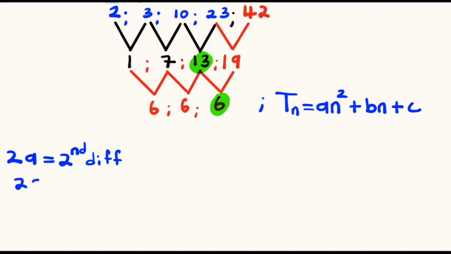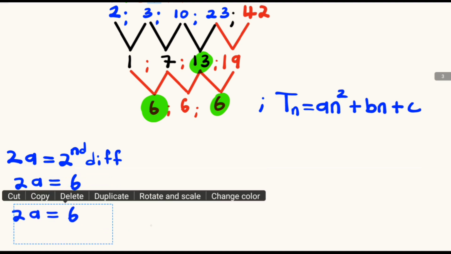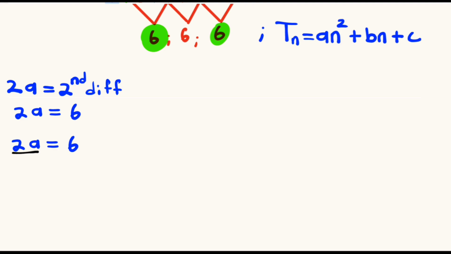So 2a will be equal to the second difference, which is 6. From here we solve for a by dividing both sides of the equation by 2, and that 2 and that 2 will cancel out, and 6 divided by 2 is equal to 3. So a is equal to 3.